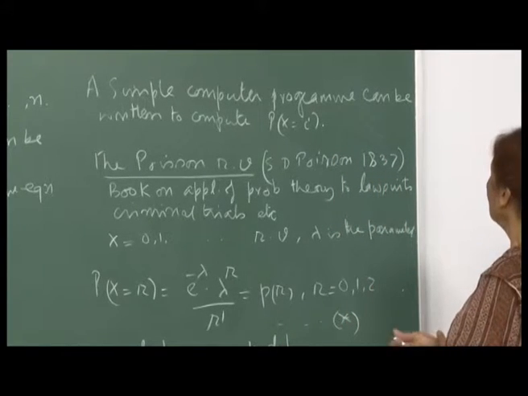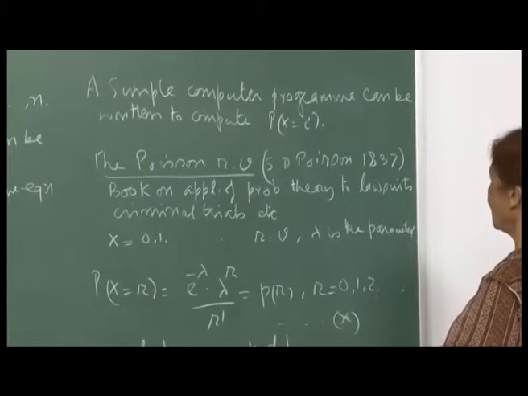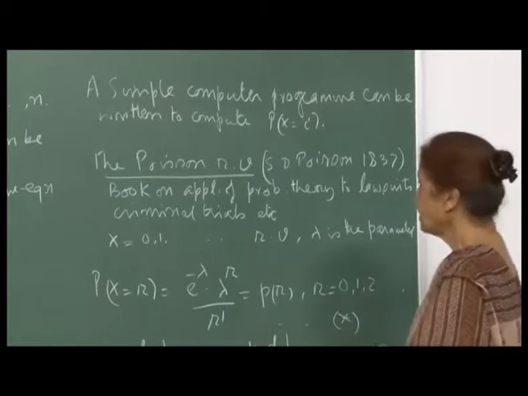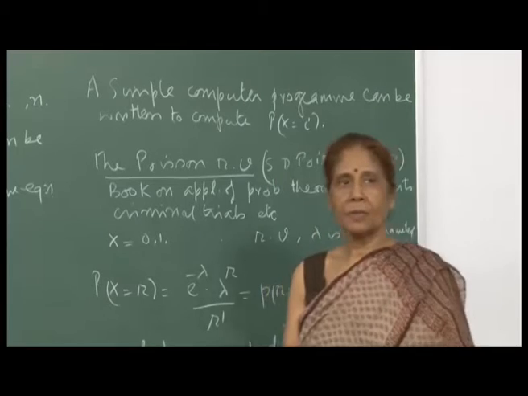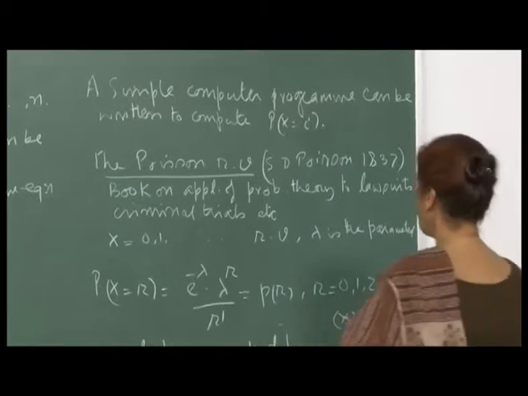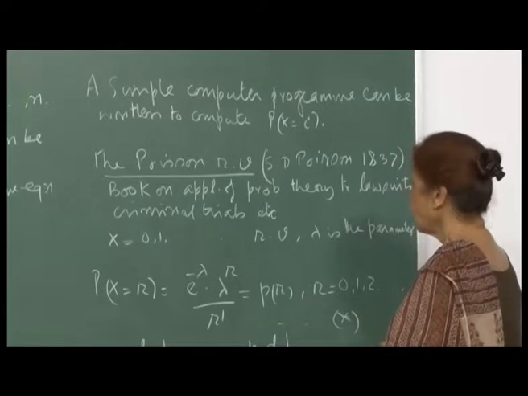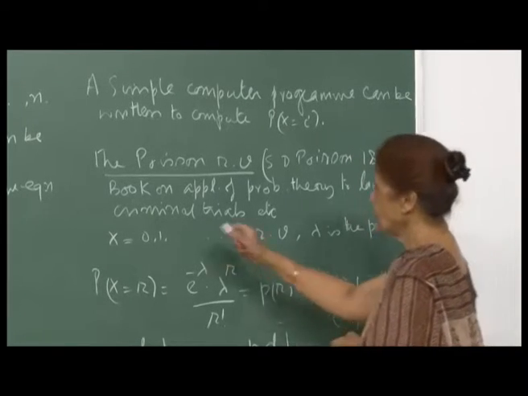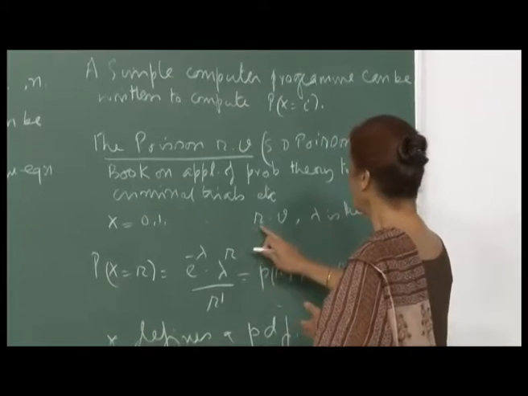At that time, in 1837, he wrote this book where he applied the theory of the Poisson random variable to predicting things about lawsuits and criminal trials, etc.